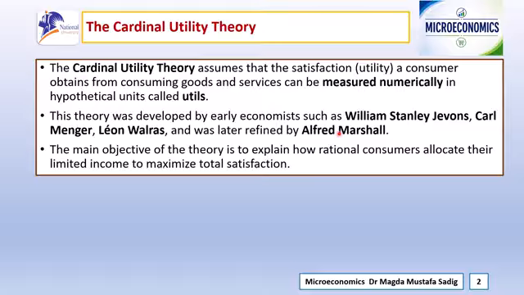Their objective was to explain how rational consumers distribute their limited income among different goods in order to maximize total satisfaction. Although modern economics has largely replaced this theory with the ordinal utility theory, cardinal utility remains extremely valuable because it introduces many fundamental concepts that are still used today.